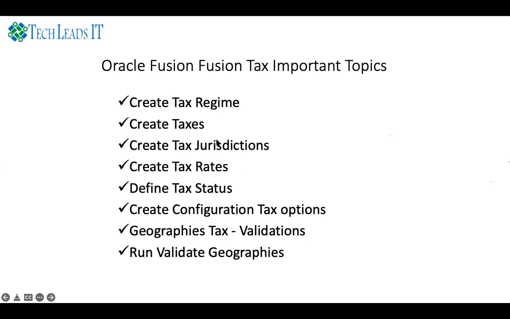Apart from that, we also have something called the tax simulator, where you can simulate how exactly the setup you have defined is behaving in the system. If everything is fine, then we move to the real transaction. So in Fusion, we are going to cover the transaction tax for AP and AR. Apart from that, in AP, I'm also covering the withholding tax.